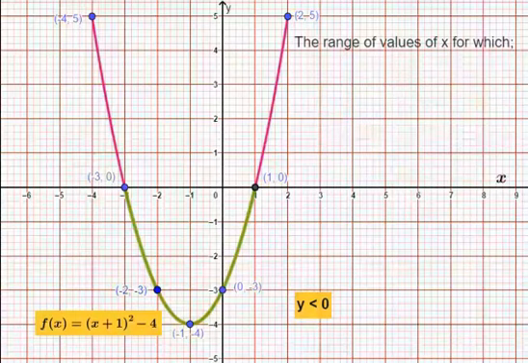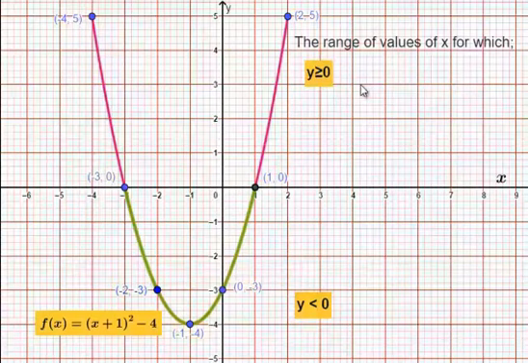If you are asked to find the range of values of x for which y is greater than or equal to 0, this is how we do it.